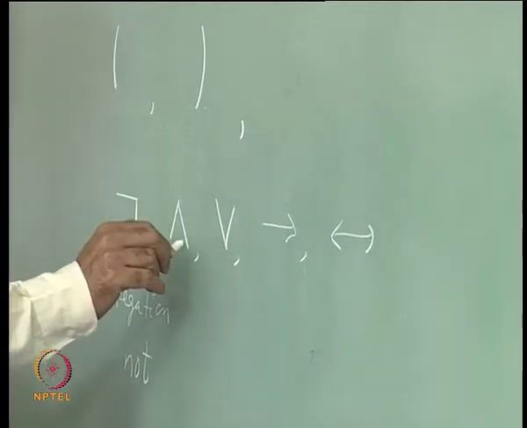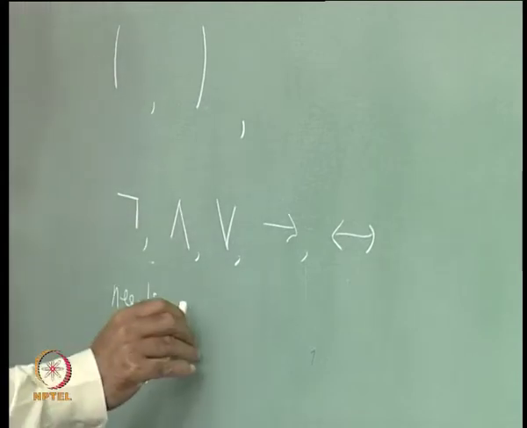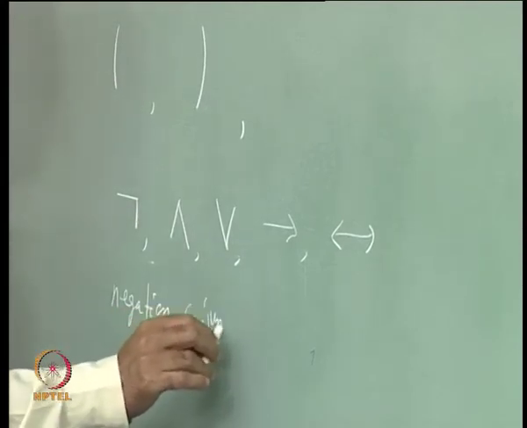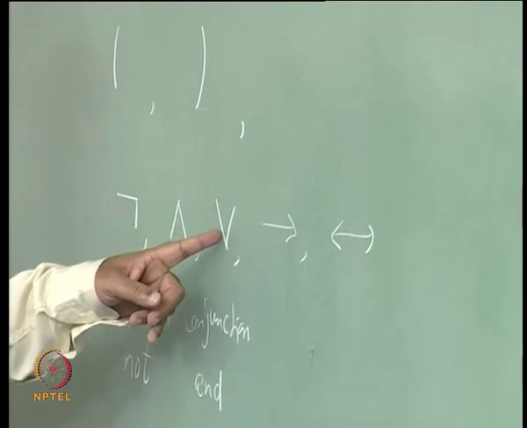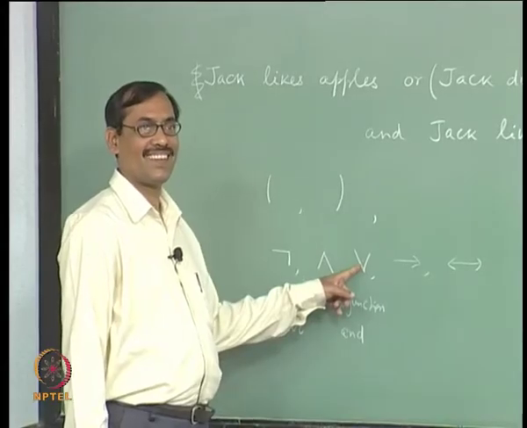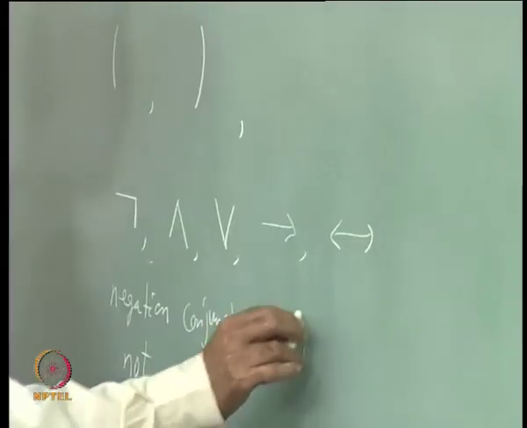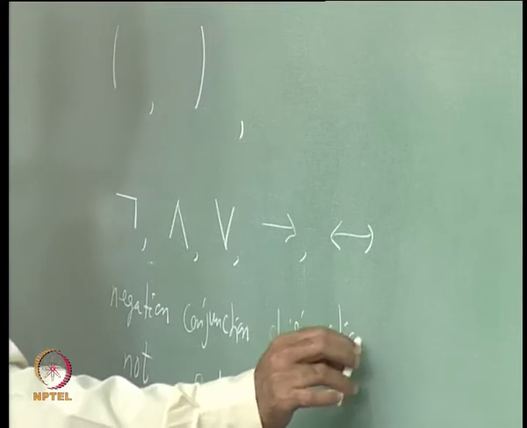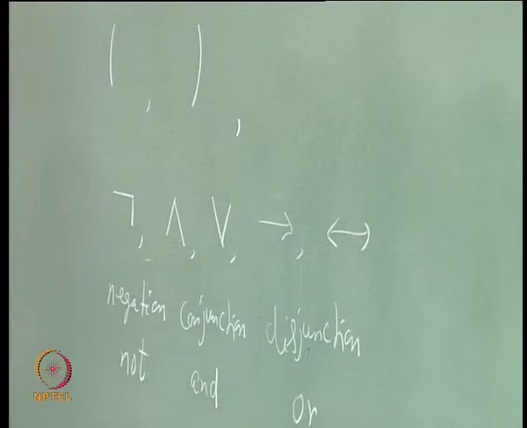Then this symbol, which is a wedge, we will give a name as conjunction, and we will read it as and. Okay. Then this symbol which you write as \vee in LaTeX, we will give a name to it as disjunction, and we will read it as or, as usual.